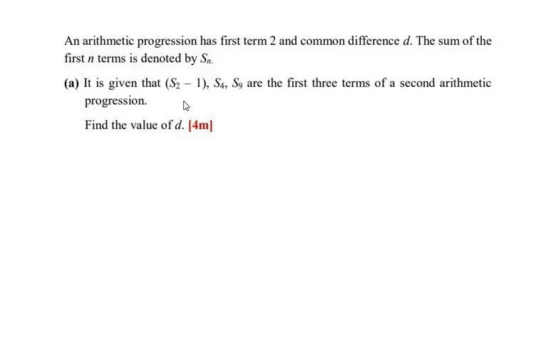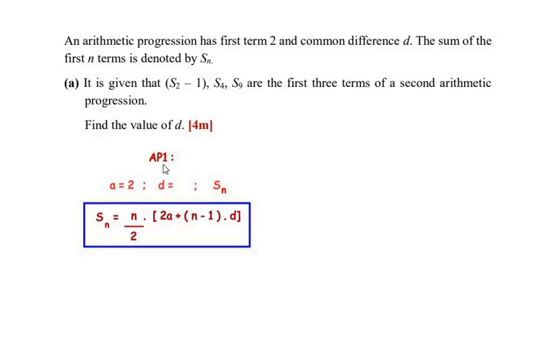So let us try to understand the question here. We have been given two arithmetic progressions. In the first arithmetic progression, the first term is given as 2 and the common difference is given as d, and the sum of the first n terms is denoted by Sn. So here we have written arithmetic progression 1 whose first term a is equal to 2 and the common difference is d, and the sum of n terms is denoted as Sn.